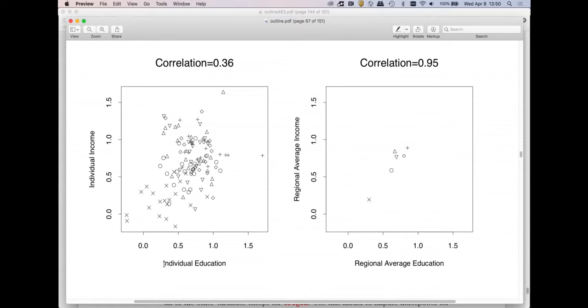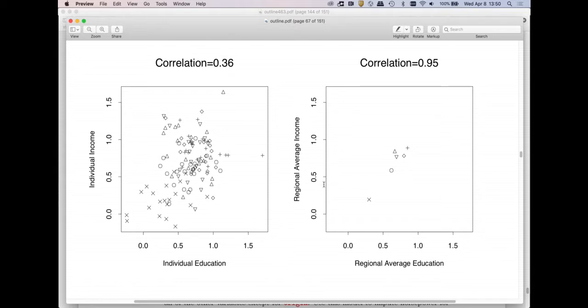Now what we often do is we go to an almanac or something and get the average education level in the state and the average income level in the state. So if I took all the x's and I averaged them, this would be the average of all those x's. If I took all the o's, this would be the average of the o's. And so notice what's happened. When I take the averages, I get rid of a lot of the noise, if you will.